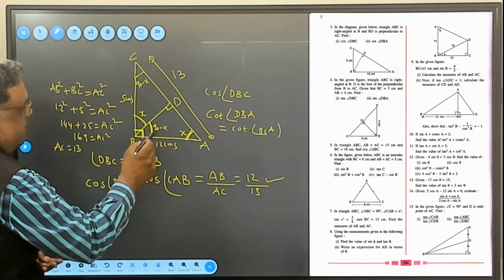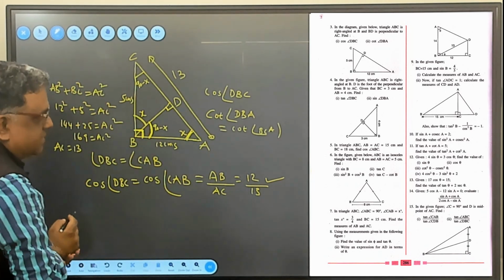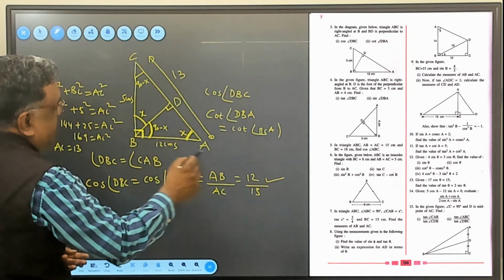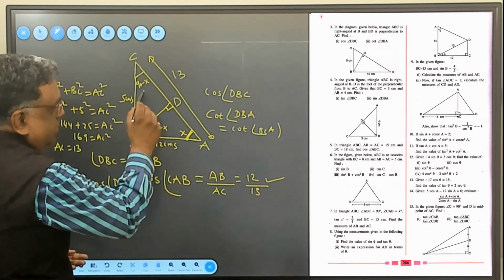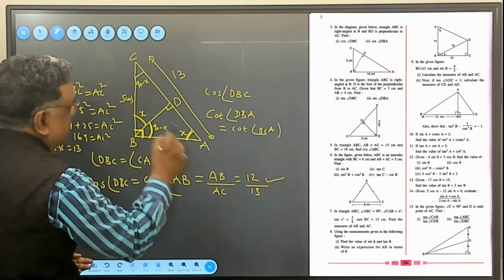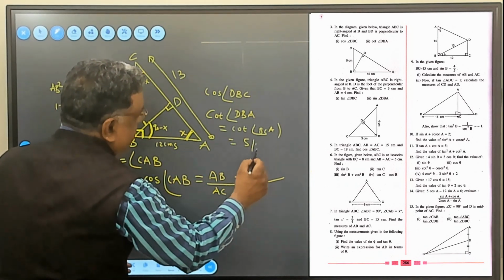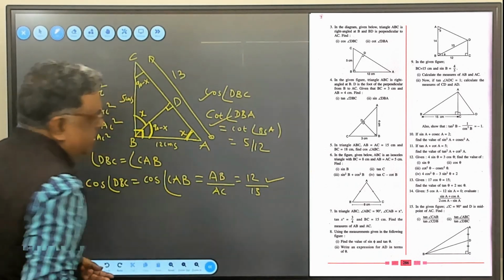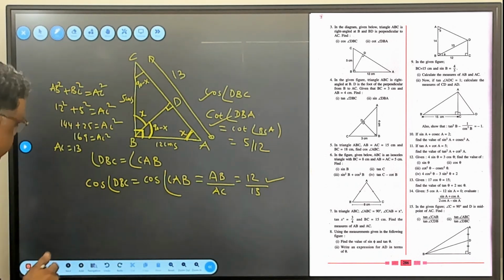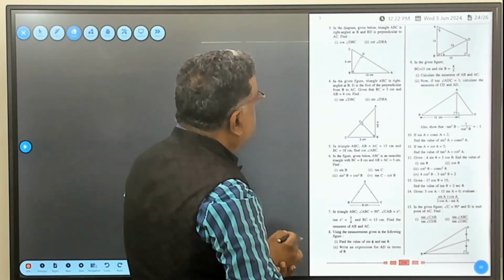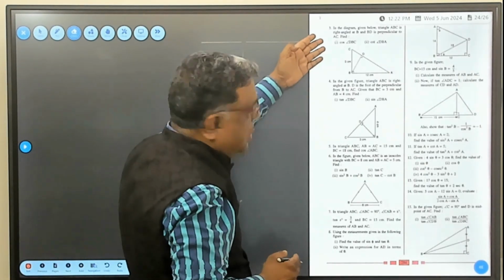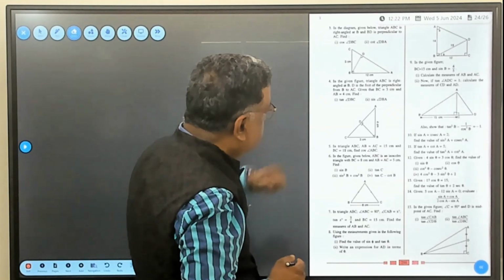This is also 90 minus x, this also is 90 minus x. So in this triangle ABC, cot is adjacent upon opposite. So adjacent is 5, opposite is 12. So 5 upon 12. So both things we could find out. Next. So this is very similar to this sum, so you can try this in homework.